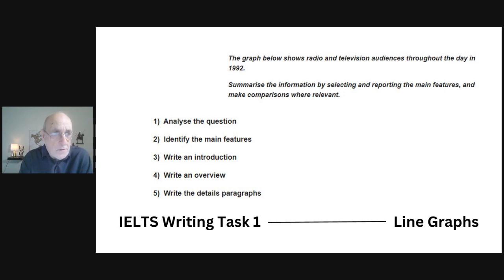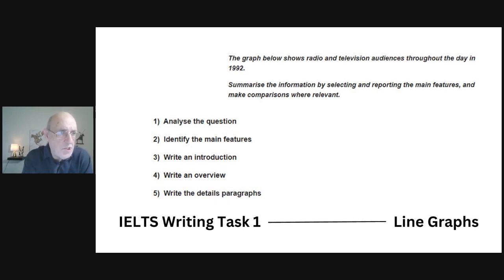We're going to learn how to write an introduction, write our overview, and write our detail paragraphs. Because this is our task, we want to do 3 things. We want to summarize information, we want to select and report on the details, and we want to make comparisons where necessary.